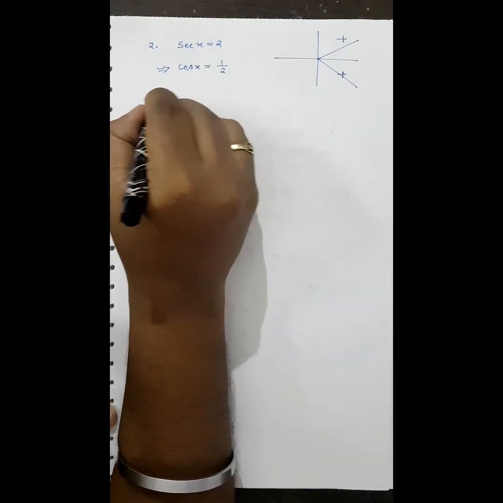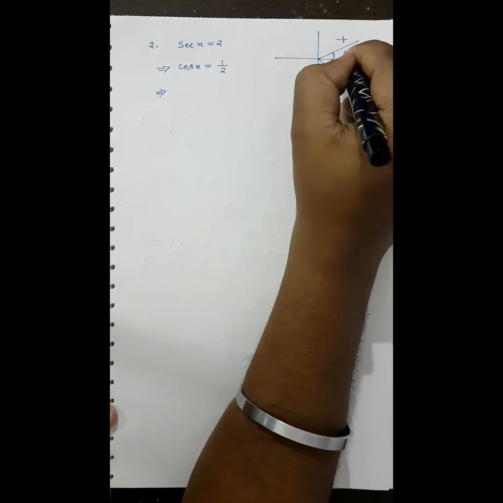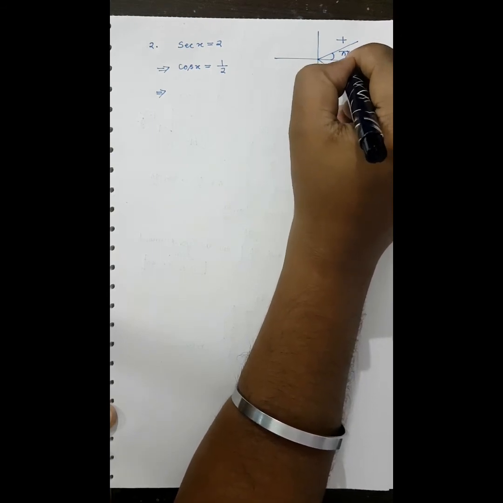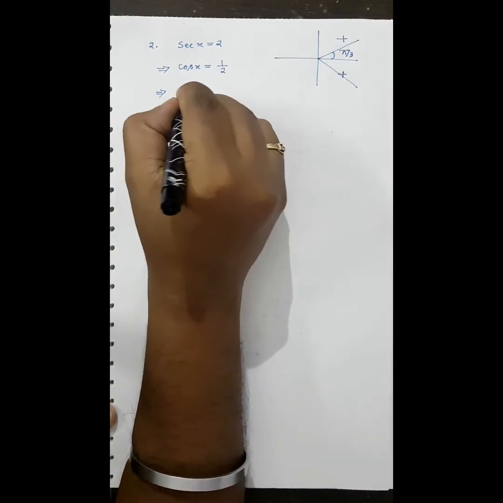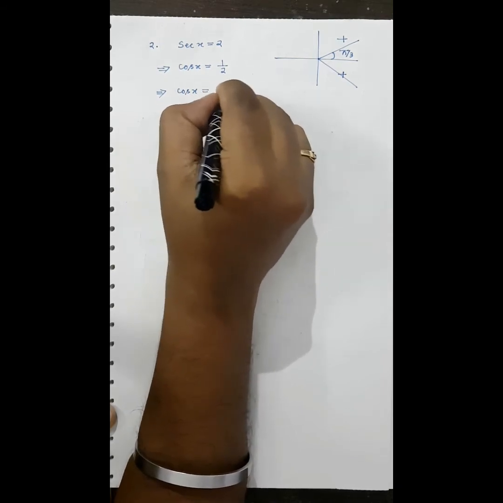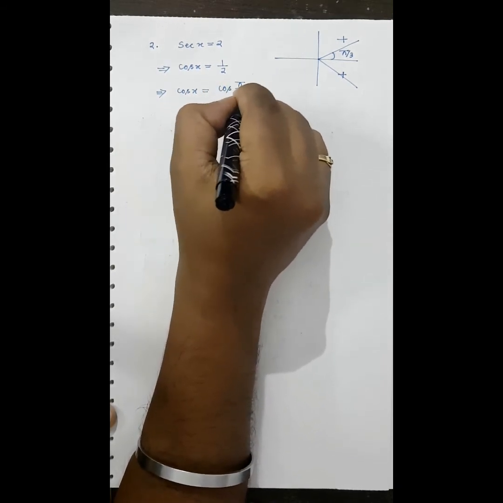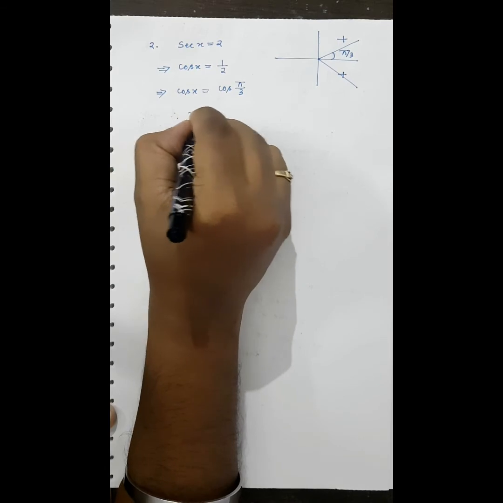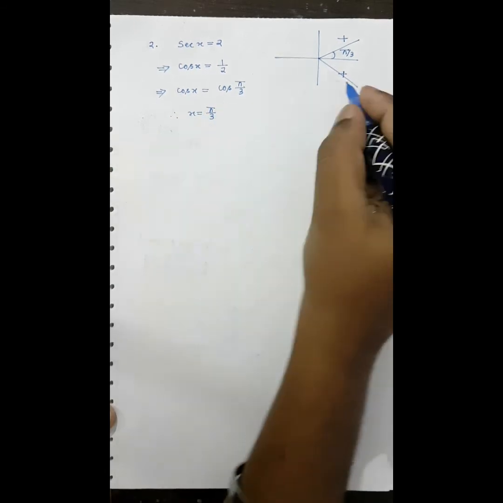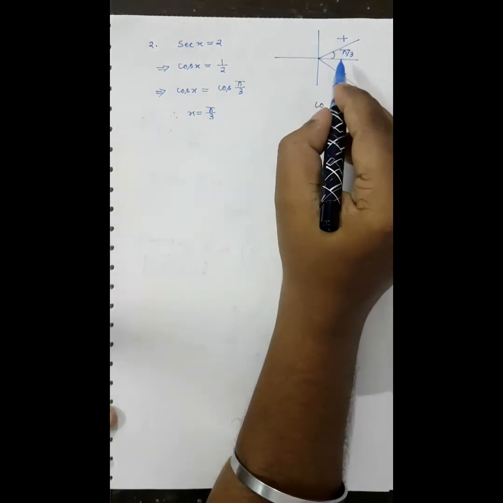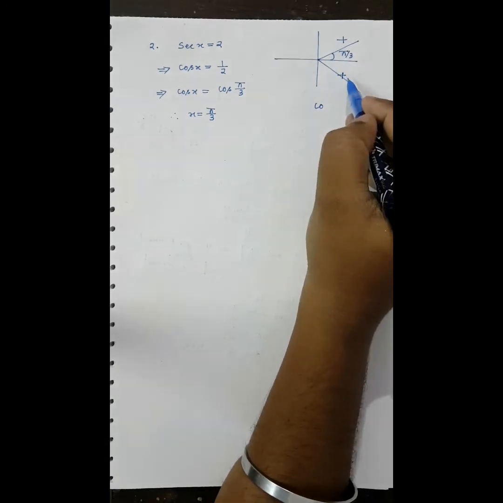So we know cos 60 is equal to half. So cos x is equal to, you can write, cos pi by 3. Therefore x can be equal to pi by 3. Now remember that the angle must also be in the fourth quadrant.